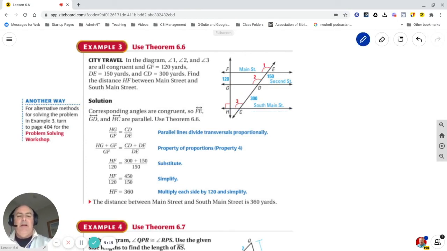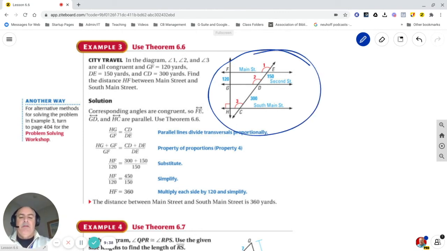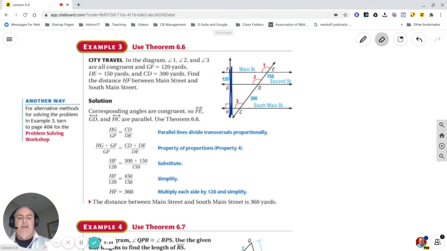Since the corresponding angles are equal, my streets here, Main Street, 2nd, and South Main Street, are all going to be parallel. And now I'm able to utilize the theorems that I just had to establish my proportions and then solve for, in this case, HF. I wanted that distance.